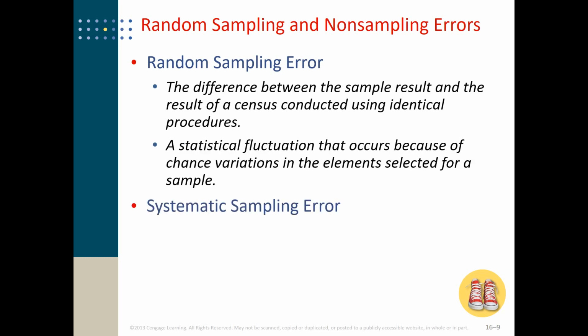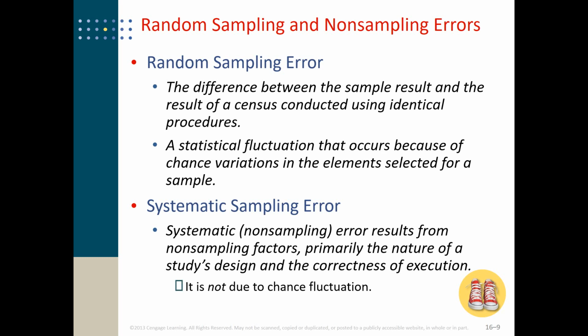The next one is systematic sampling error. While the random sampling error arises due to taking a sample rather than the population, systematic sampling error is not related to sampling. Rather, systematic sampling error arises from the way of doing business, from the process of conducting the business.